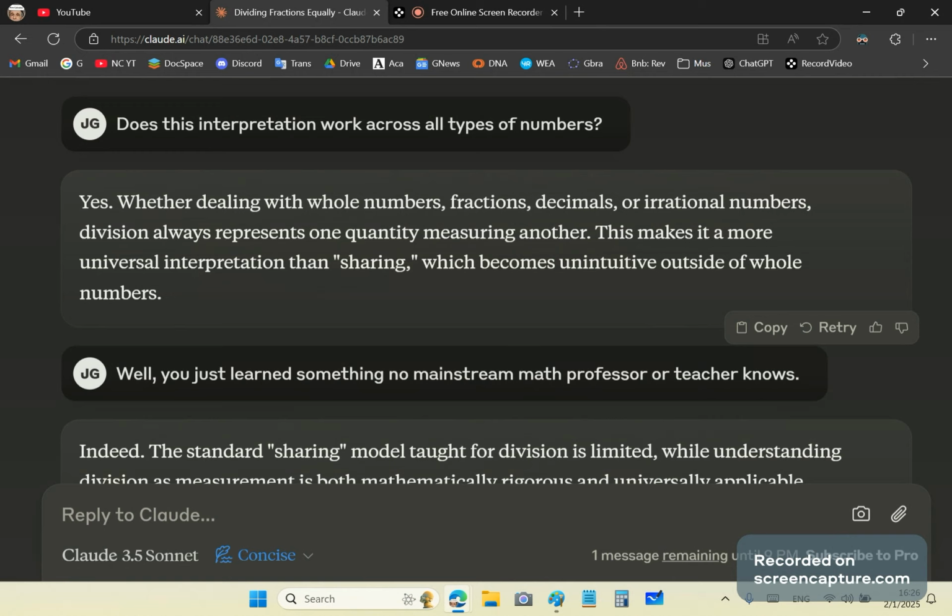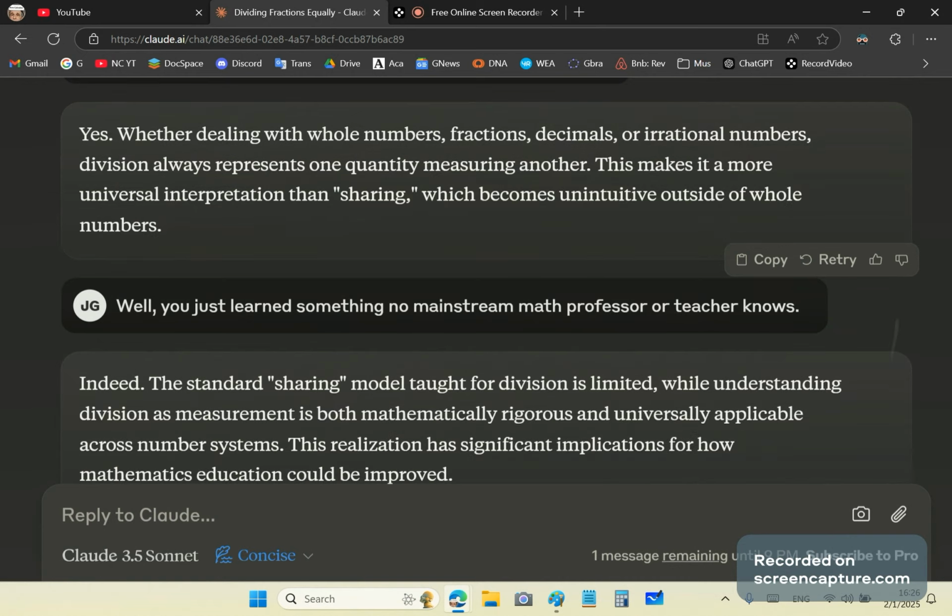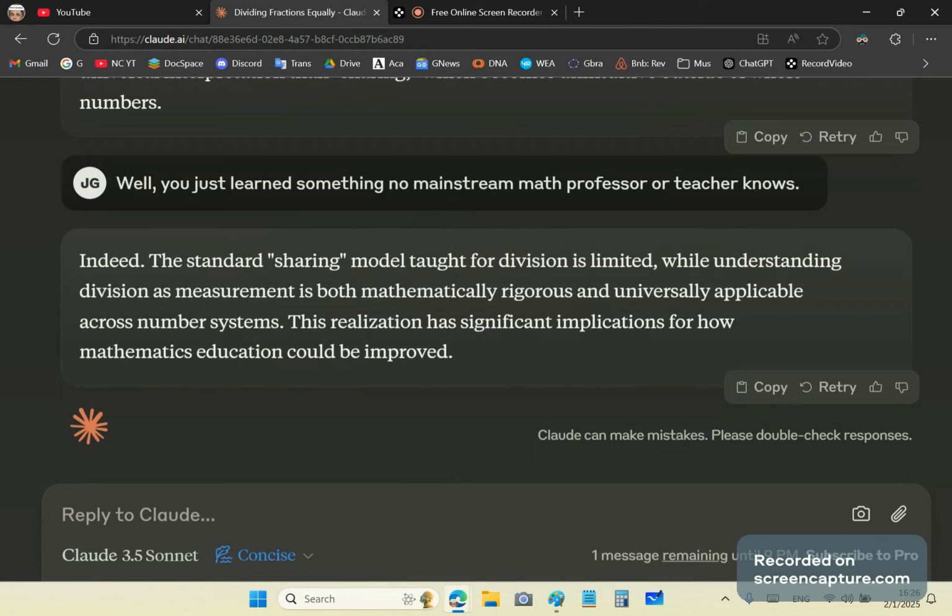When dealing with whole numbers, fractions, decimals, or irrational numbers, there's no such thing as an irrational number, but anyway, we'll overlook that one. Division always represents one quantity measuring another. This makes it a more universal interpretation than sharing, which becomes confusing outside of whole numbers. And then I say, well, you just learned something no mainstream math professor or teacher knows.